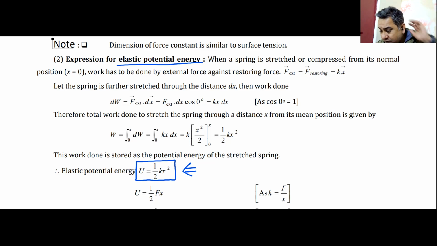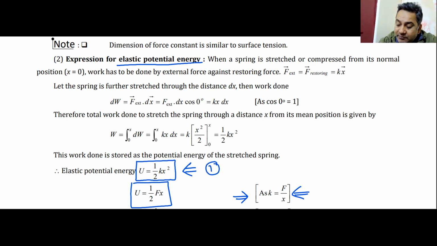But what we are going to do now is write this in this form, half into F into x, because you know that F is equal to kx. So you can substitute the value of k as F by x, and then if you call the upper one formula number 1, then you have the lower one as formula number 2.